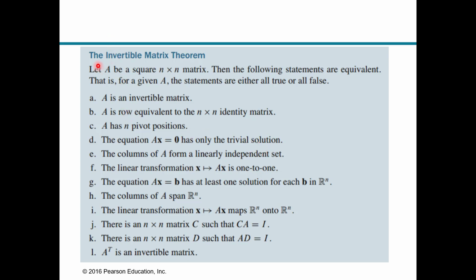We talked about invertible matrices in the past, but this will be a good theorem just to have available for reference because it has a lot of parts to it. So all of these are basically true together or they're all false together.